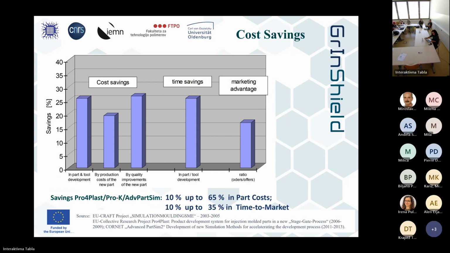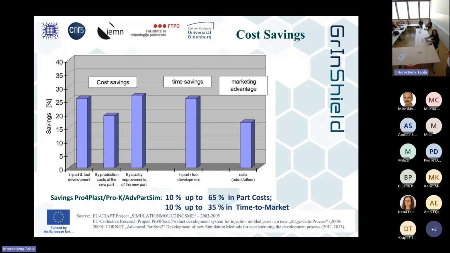And out of projects where I have been working since 2003, in Europe and in national projects, we found out that the cost saving potential is up to 25%, sometimes up to 65%, if we change from a mechanically produced part with drilling, milling, and so on to an injection molded part, and with time savings and marketing advantages.